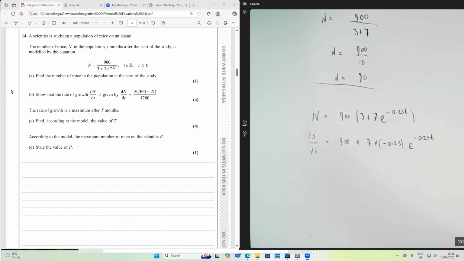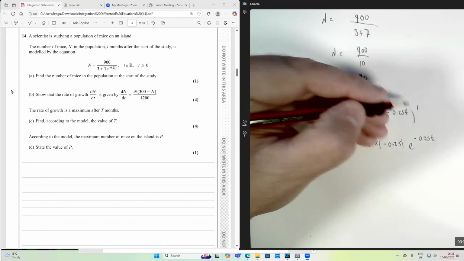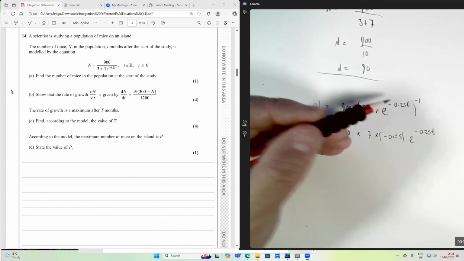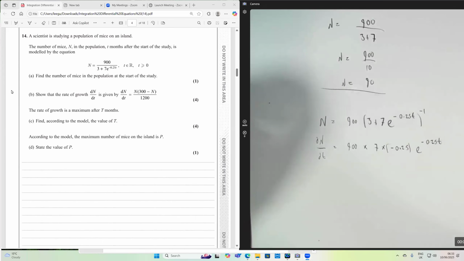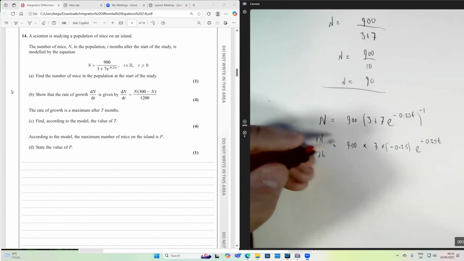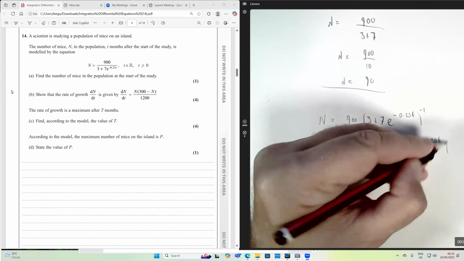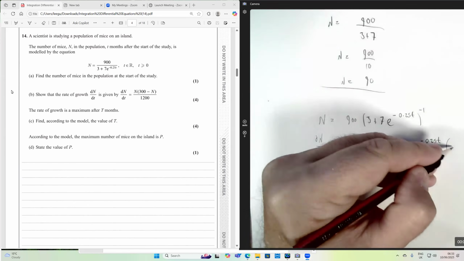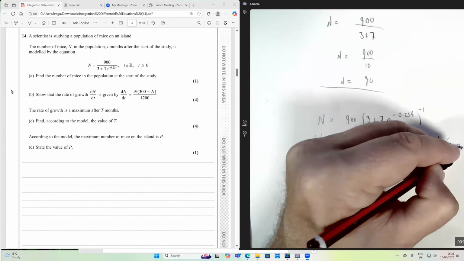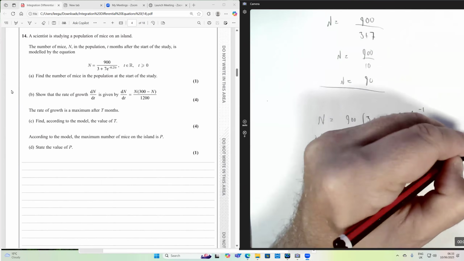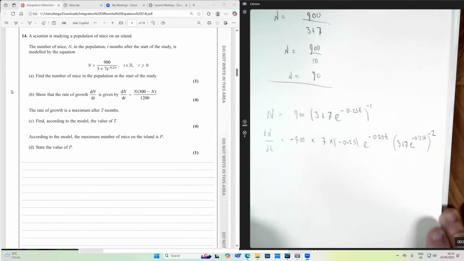Now, this is a composite function. So our outer function is technically something to the minus 1. So we need to times by the power that's there and then lower the power by 1. So we need to have minus 900, and then this whole thing, the 3 add 7 e to the minus 0.25t, needs to go to the power of minus 2.